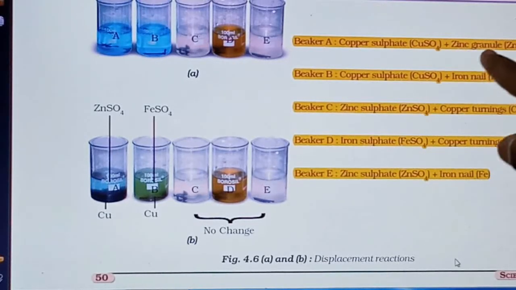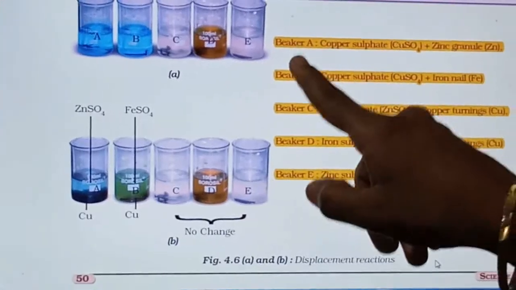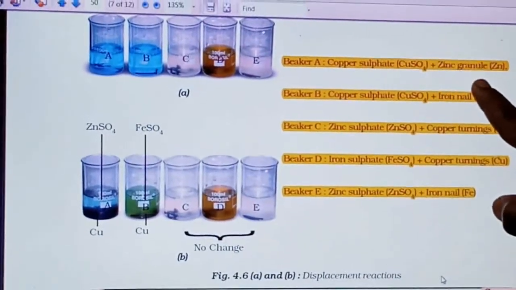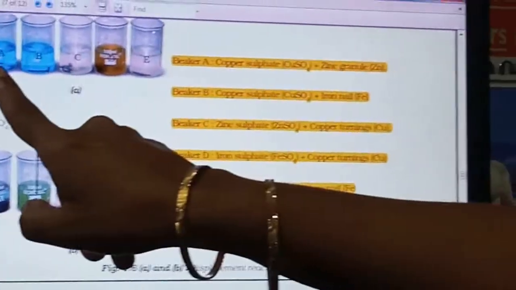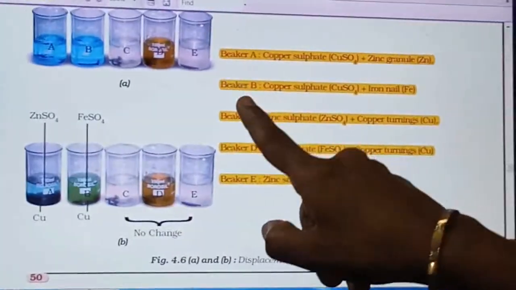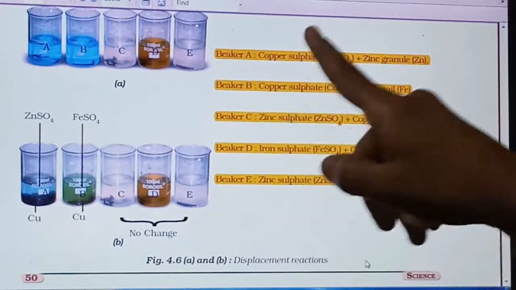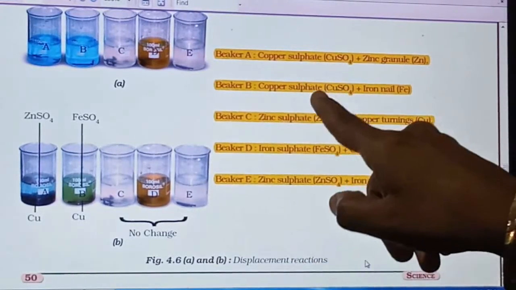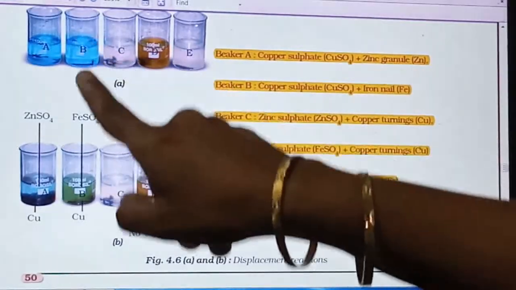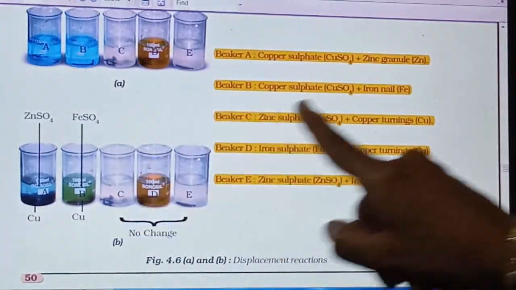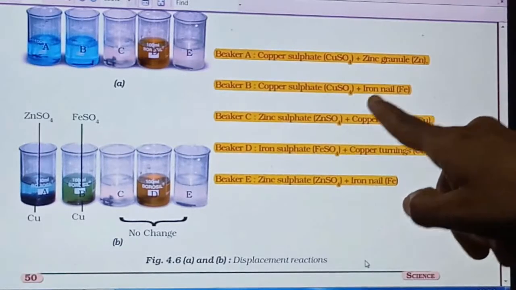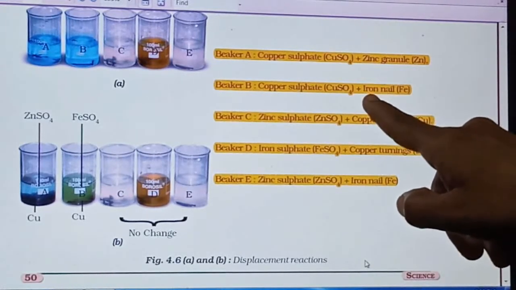Plus zinc granules are added in it, right? What have we added in beaker A? Copper sulfate plus zinc granules. Then beaker B is there. In that again we have copper sulfate, blue in color, so again we can see the blue color solution in beaker B, right? And in that solution we have added an iron nail, meaning here the metal is iron.